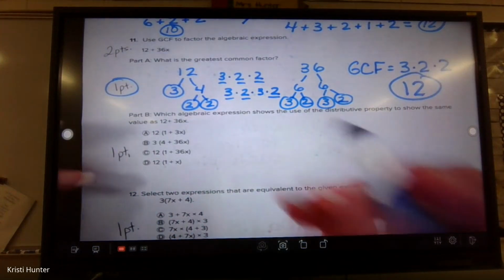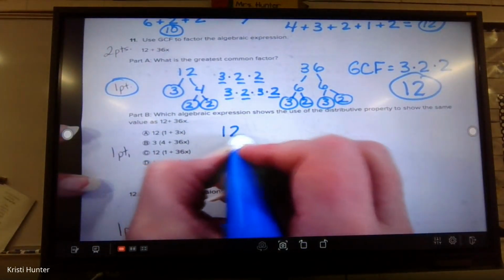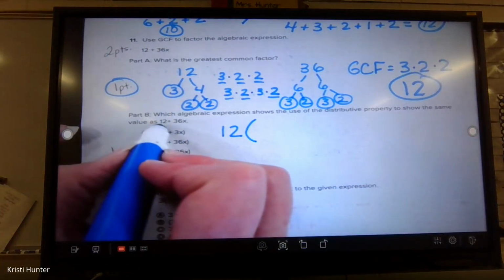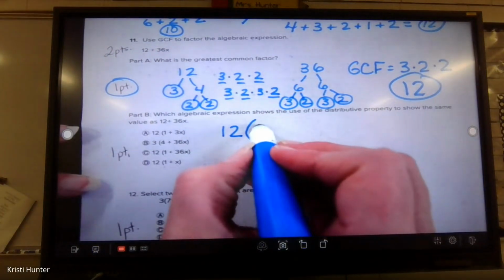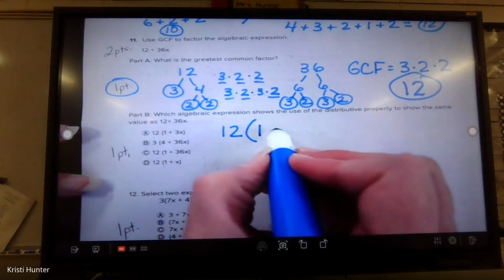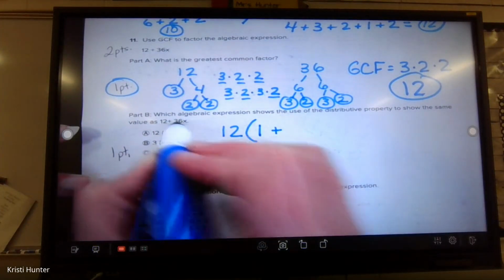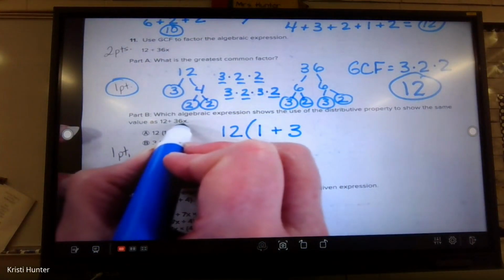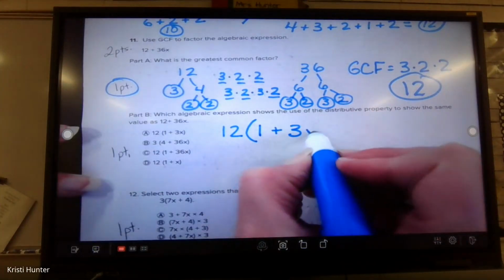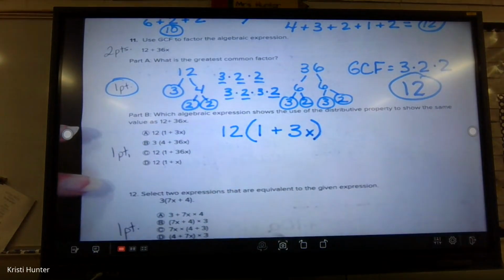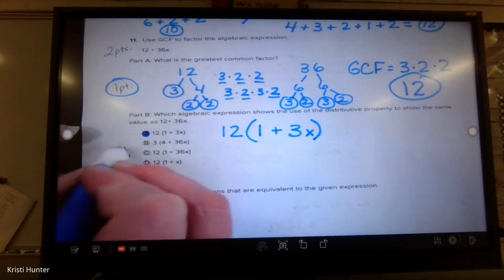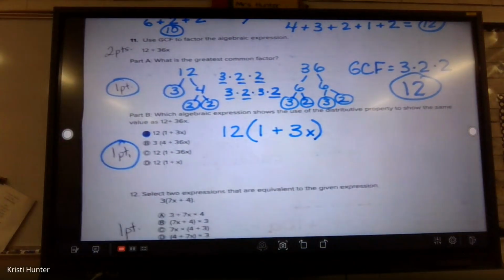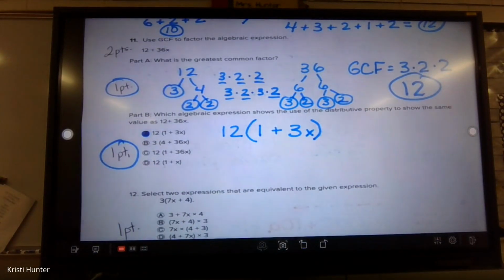Now I'm going to pull that 12 out, and I've got to see 12 times what gets me back to 12. Well, that's just 12 times 1, plus 12 times what gets me back to 36. That's a 3, and my x has to go with the second number there, and that is equation 1, which gets me my second point for number 11.